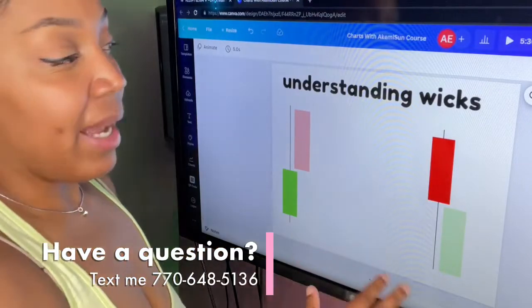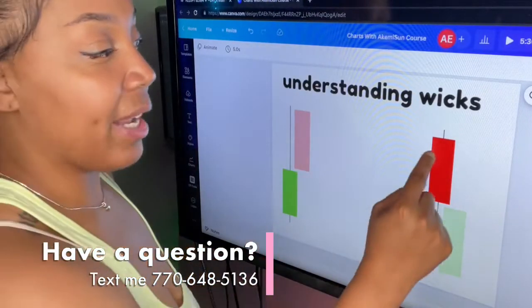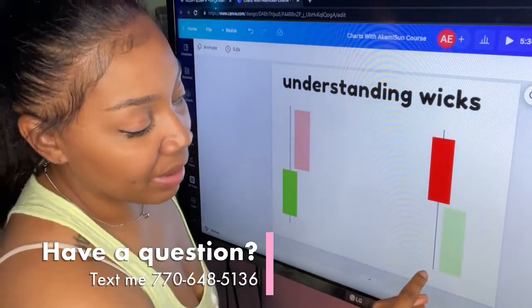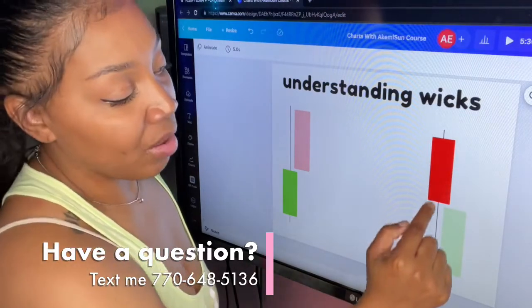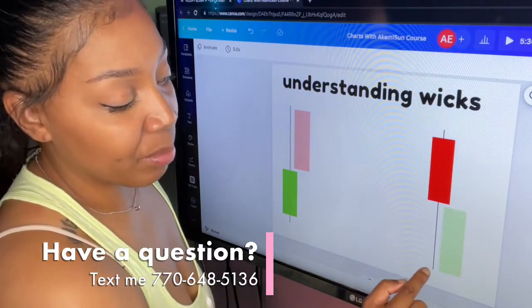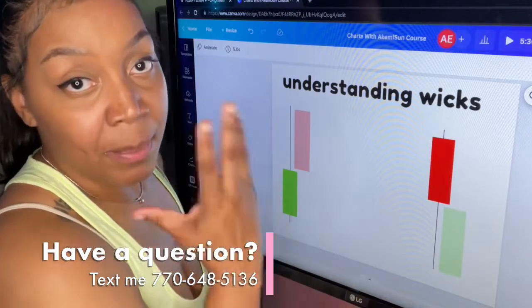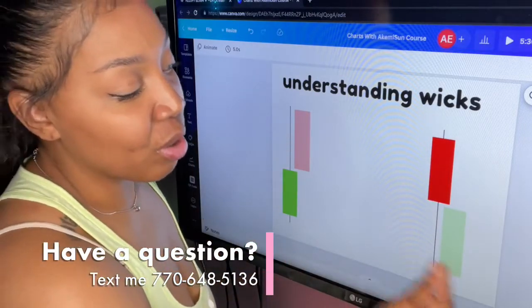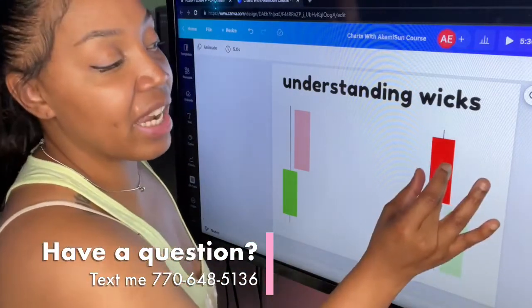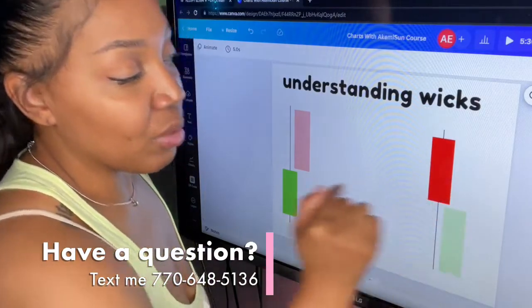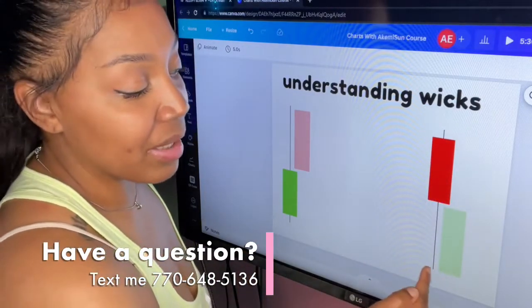So this automatically tells you that the sellers tried to bring this candle down, and the sellers were strong enough to bring it down to this point. But the buyers were so strong that they pushed this candle all the way back up and closed it higher than where it was at this low.